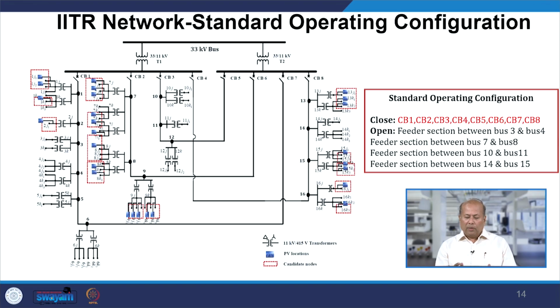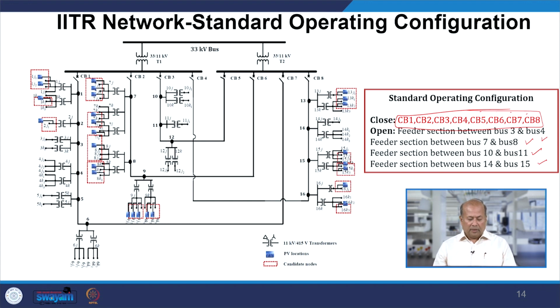So this is the IIT Roorkee network standard operating configuration. CB1, CB2, CB3, 4, 5, 6, 7, 8, they all are closed and open. The feeder sections between 3 to 4, 7 to 8, 10 to 11, 14 to 15 are ideally kept open.